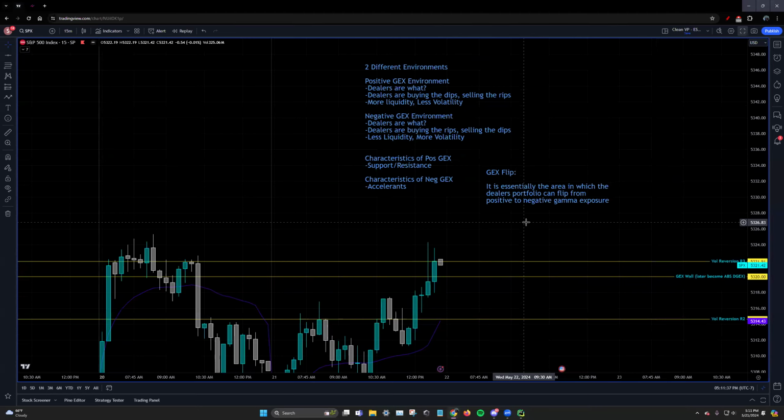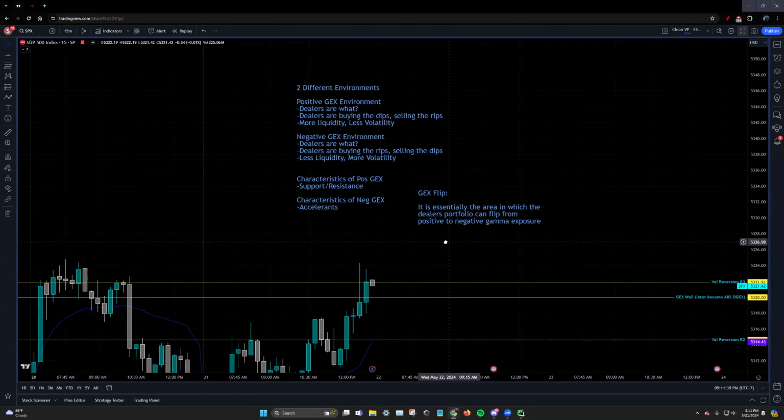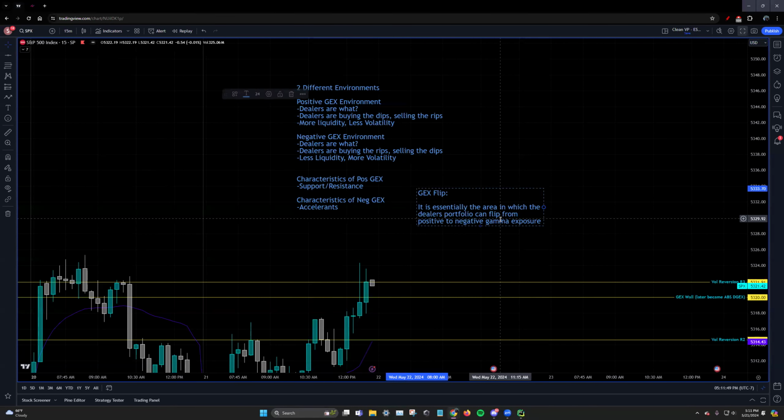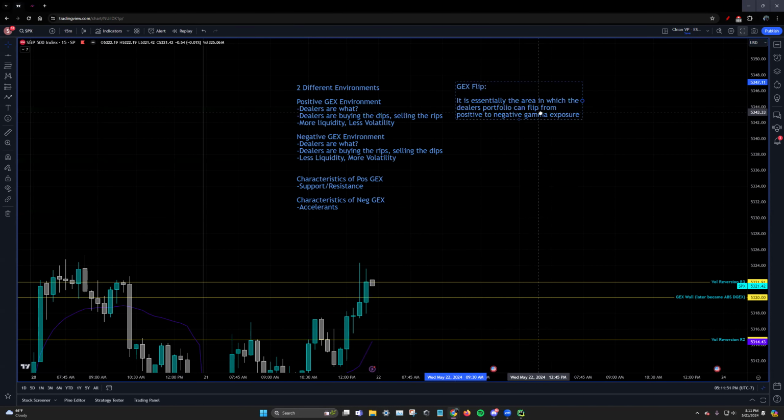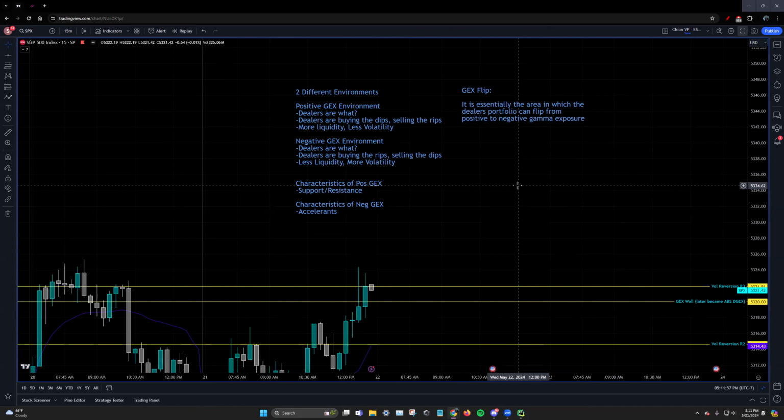For those who don't know what GEX actually is, it's the rate of acceleration of an options contract's delta with respect to a 1% move in the underlying asset. That's a huge mumbo jumbo. It's basically how fast the deltas can increase or decrease when the stock moves. I guess that's the simple way of putting it.